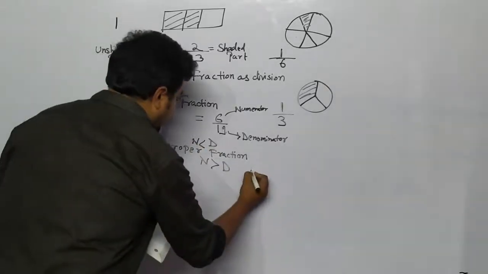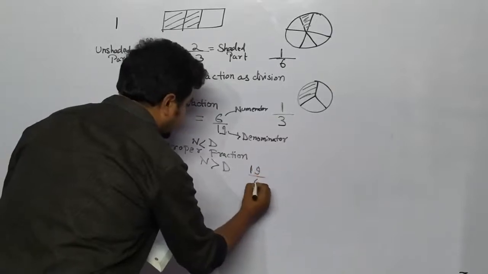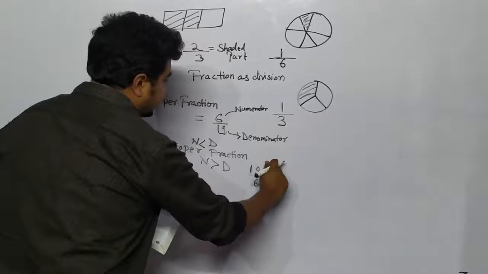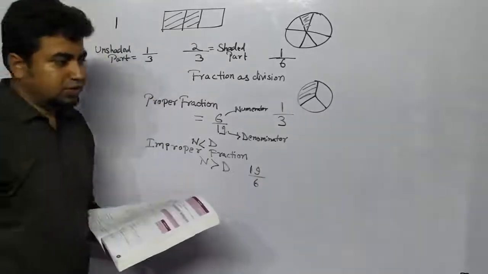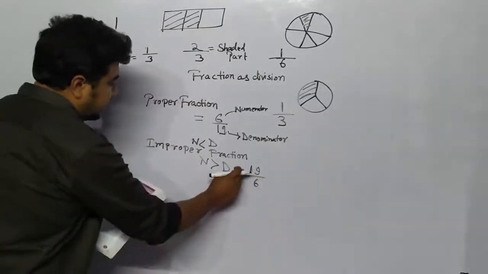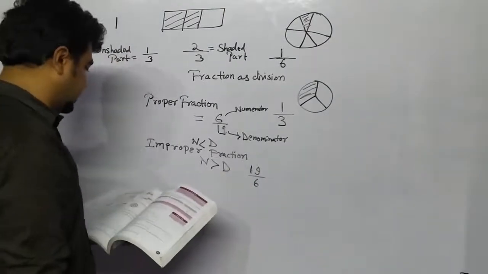If I am writing 19 in the numerator and 6 in the denominator, as I told, the top quantity is known as numerator and the bottom quantity is known as denominator. Here 19 is greater than 6, means this is an improper fraction.